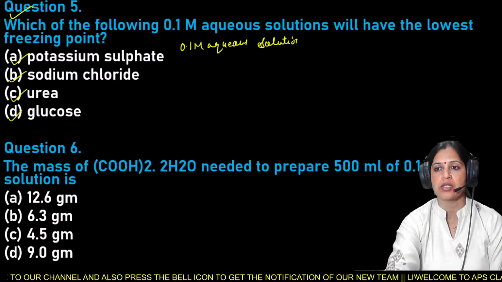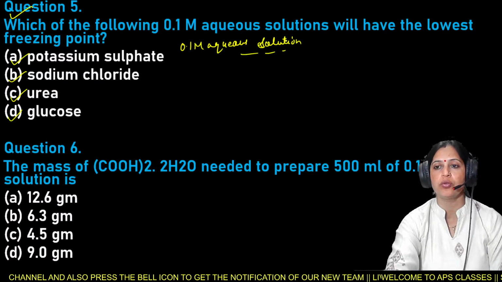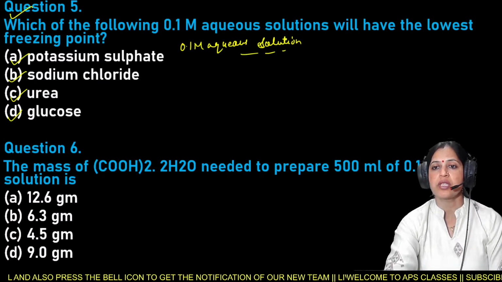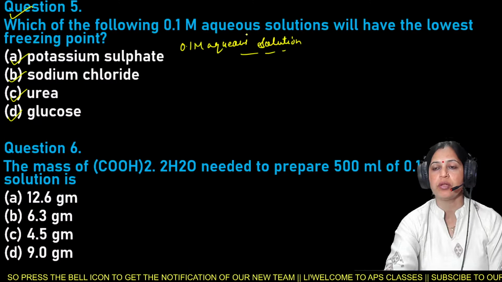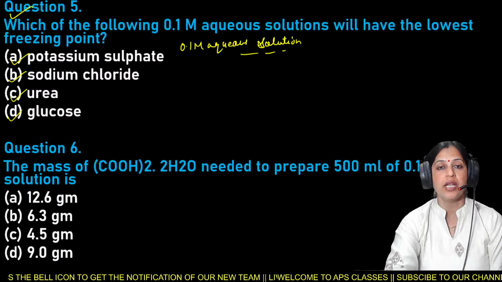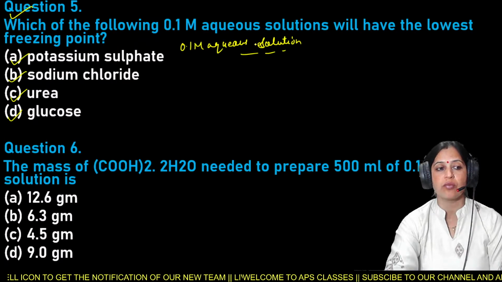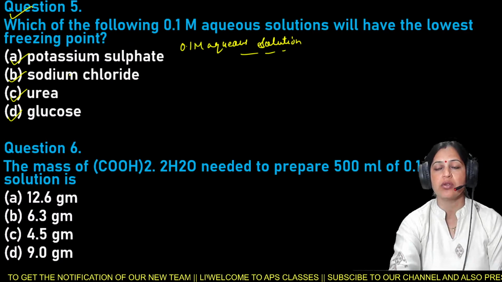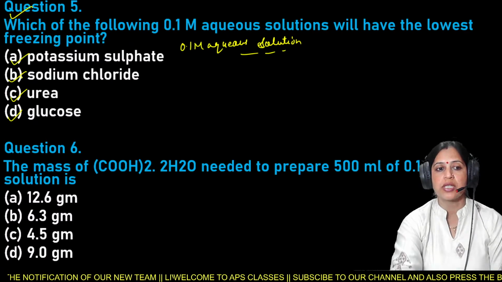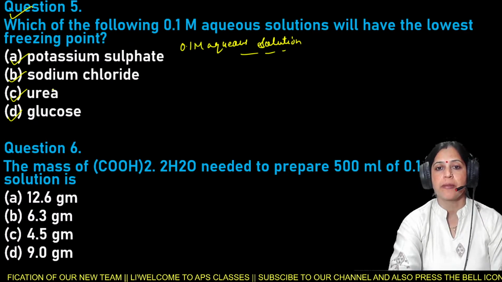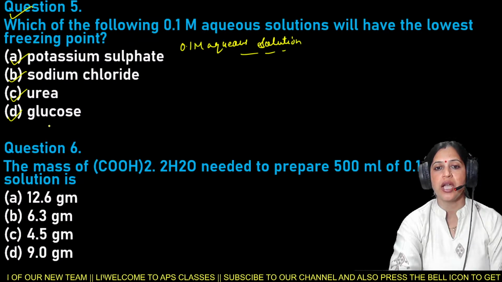Just now we saw the highest freezing point, that is 0.1 mole urea. But out of these 0.1 mole aqueous solutions, you have to tell which has the lowest freezing point. Options are potassium sulfate, sodium chloride, urea and glucose.